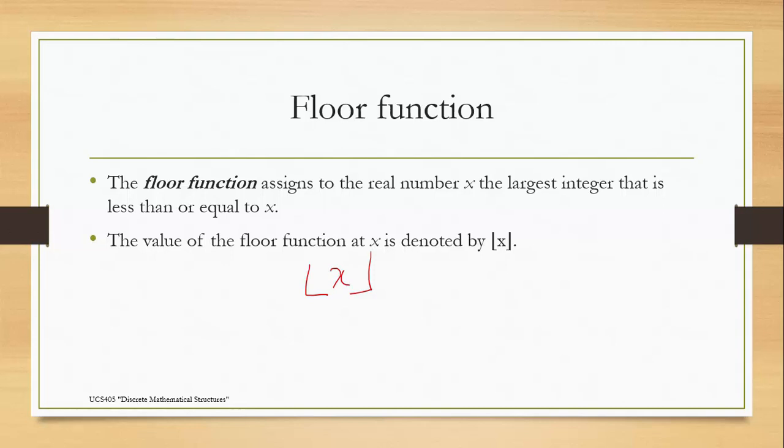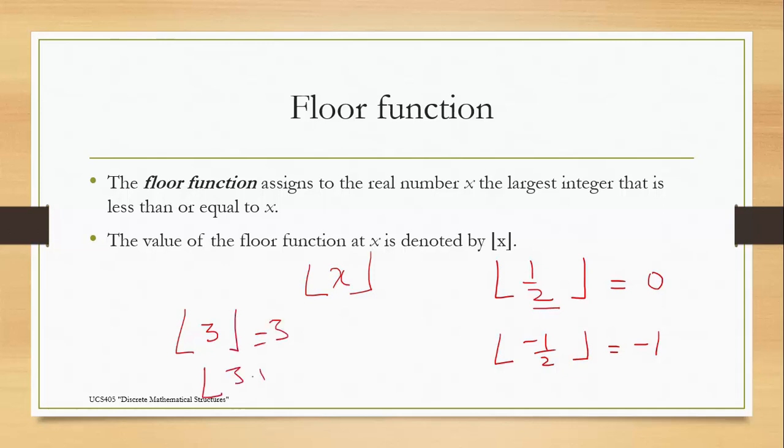So the floor value of 1/2 will be equal to 0, because 0 is the largest integer that is less than or equal to 1/2. Similarly, the floor value of -1/2 comes out to be -1. The floor value of 3 is equal to 3. The floor value of 3.1 is equal to 3.